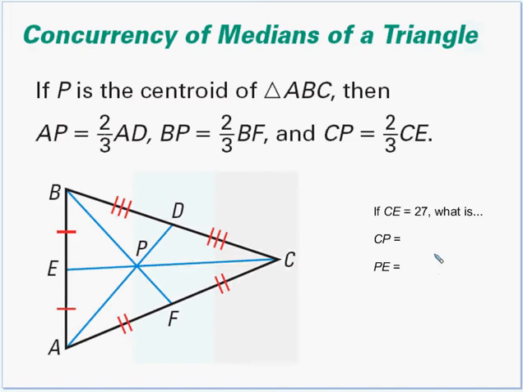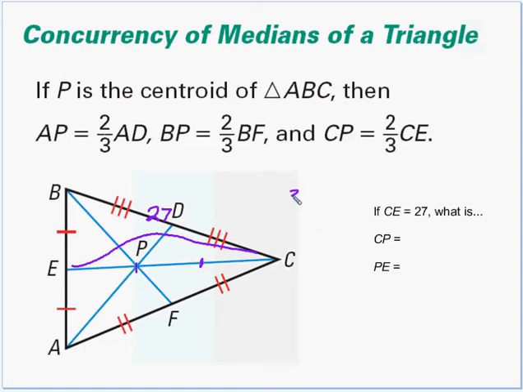If, for example, CE, this whole entire median right there, is 27, we want to know what is the length of CP and what is the length of PE. Well, if we split this median up into threes, we have 3 equal sections.